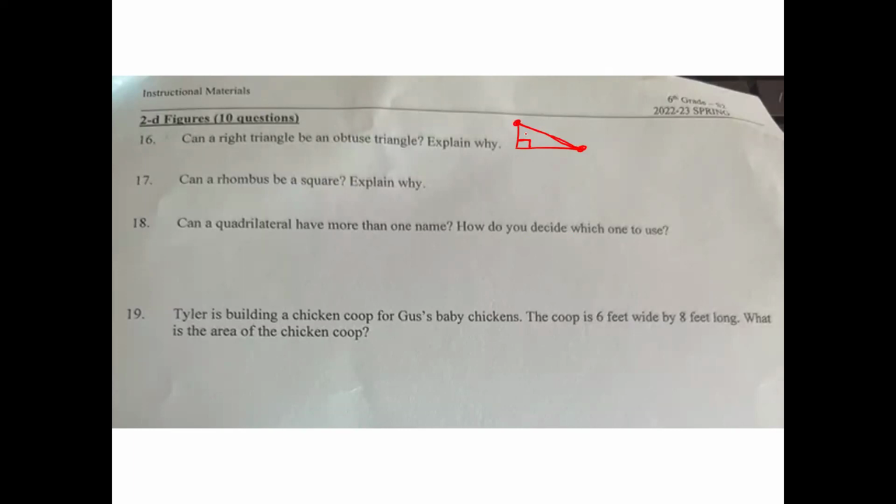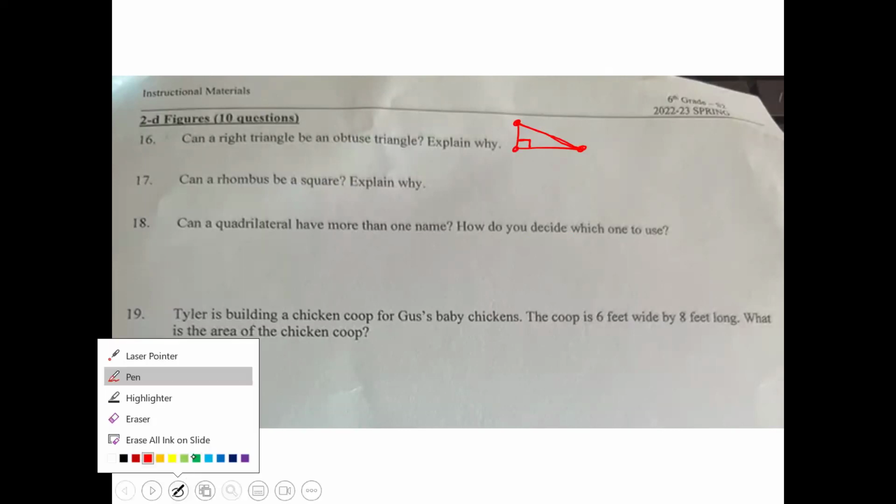What degree is that? Okay. This is a 90 degree angle right here. Does this angle look obtuse? No. Because the sum of angles in a triangle is equal to what? All three angles in a triangle add up to 180 degrees, right?